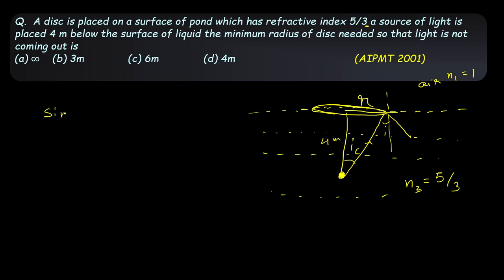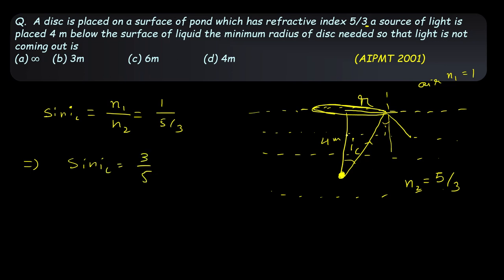First of all, the critical angle: sine of IC is n1 divided by n2, which is 1 divided by 5 by 3, so sine of IC is equal to 3 by 5.